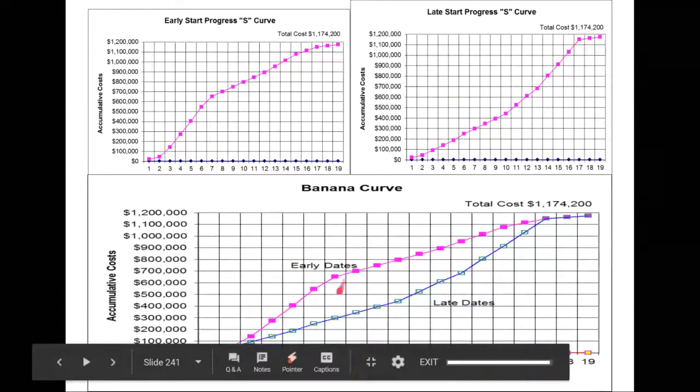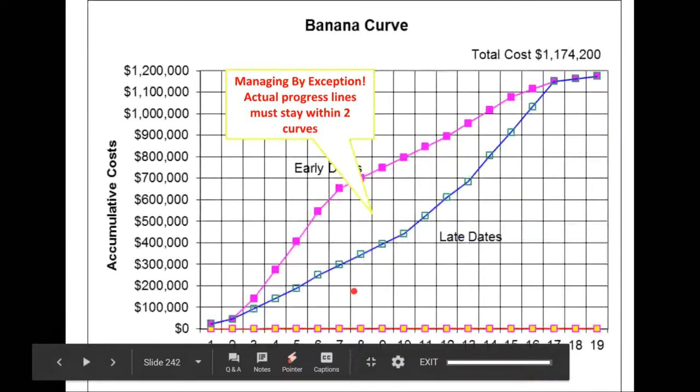Now, once we put both of these curves together, we get what is referred to as a banana curve. Now, a little bit of theory about how these curves are used. A lot of the time, executives use this to manage by exception. They will be monitoring your actual progress as you report it through your project timeline, and will see whether you are falling within this curve.